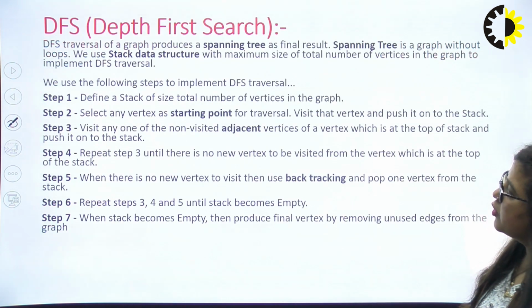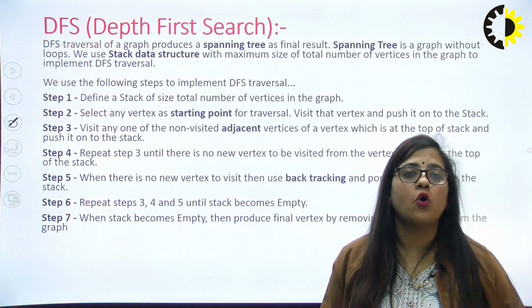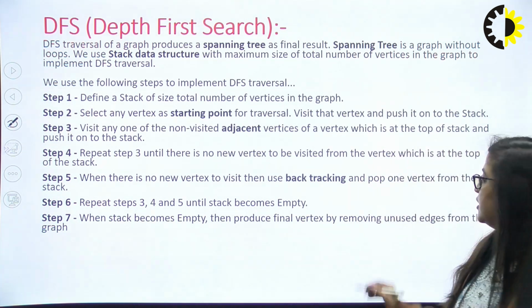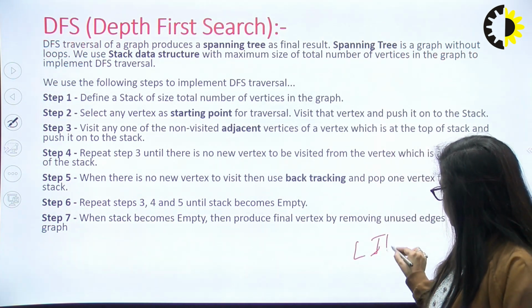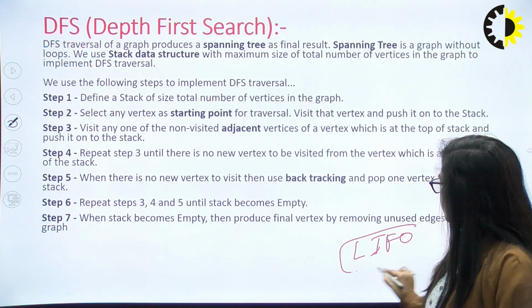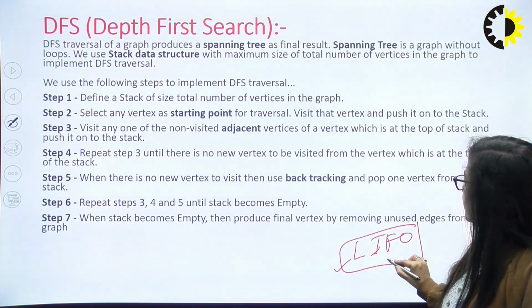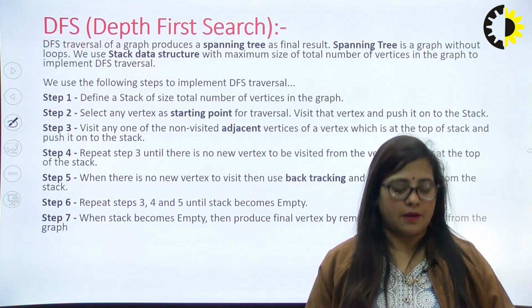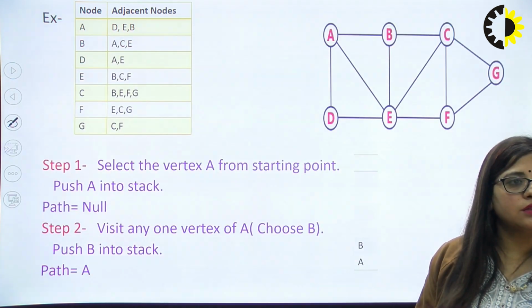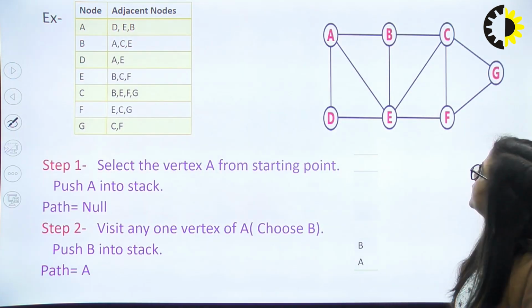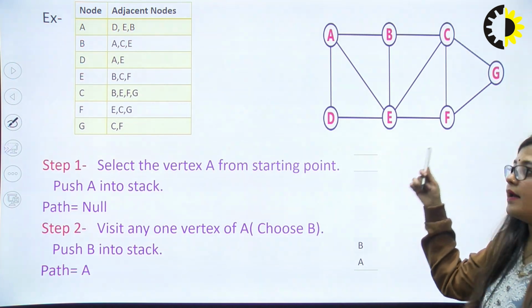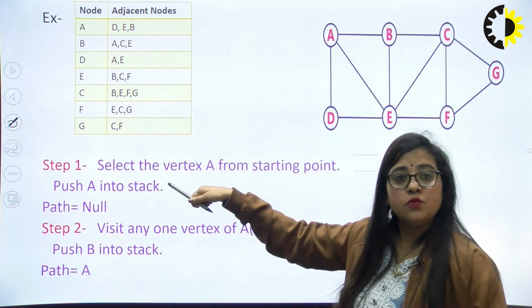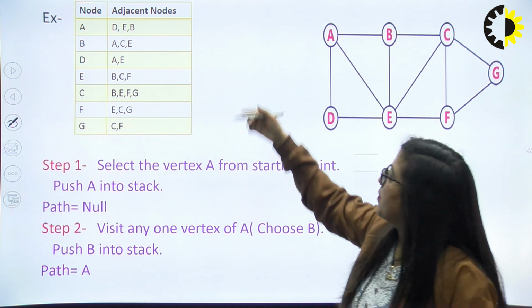Now I will tell you about DFS. DFS works on a stack, and a stack works on LIFO, last in, first out. This is also the same; take the example here. Same nodes and same adjacency, but it works on the top of the stack.